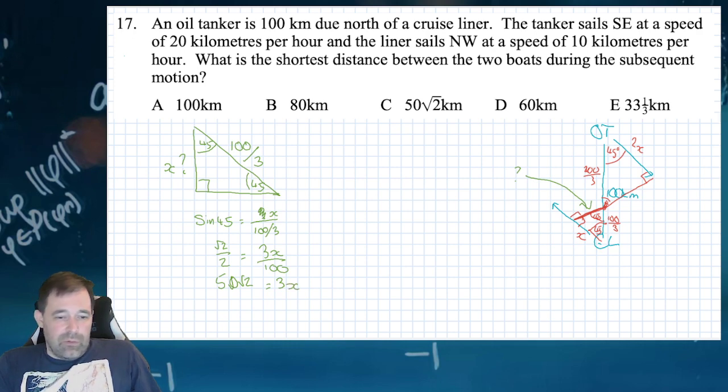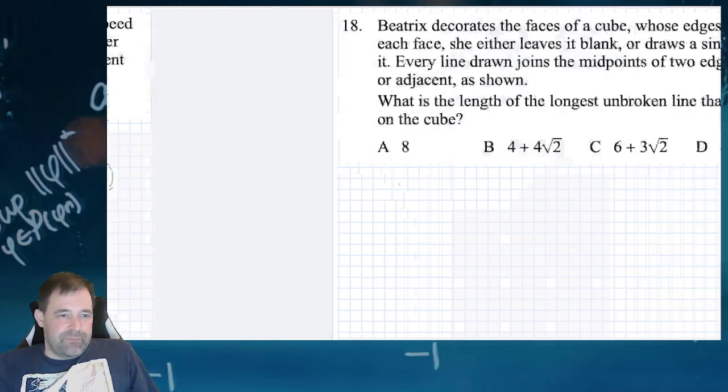There we go. So x is going to be 50 root 2 over 3, but the length of this line is 3x. So it's going to be that one there. The line we were looking for is going to be the same as that 2x up there. Yeah, alright, I like it.